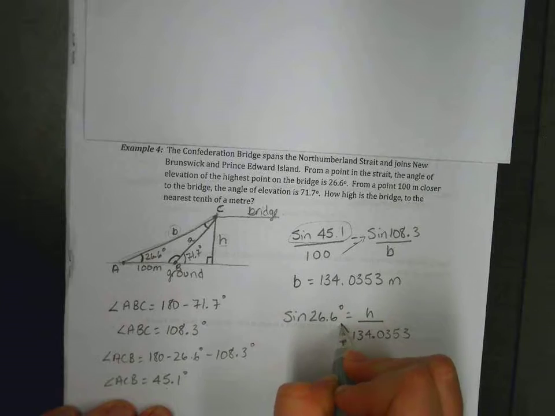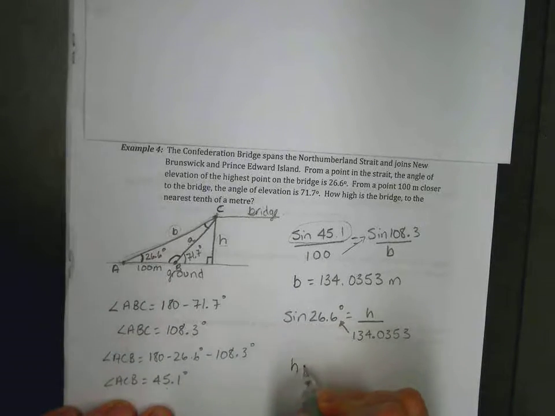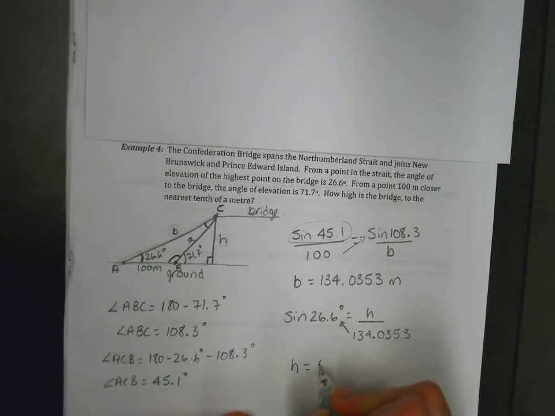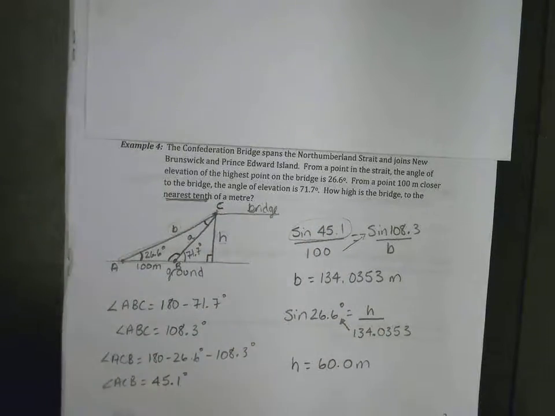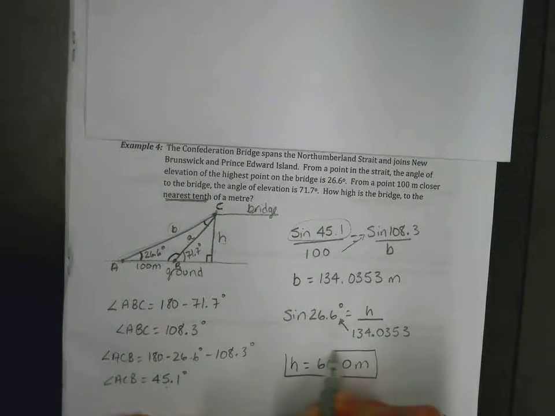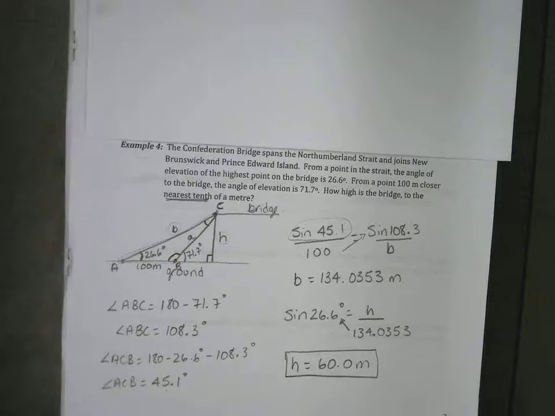And so to solve for h, I'm just simply cross multiplying. The height of the bridge works out to be exactly 60.0 meters because it asks to round to the nearest tenth in the question. So my final answer is 60.0 meters.